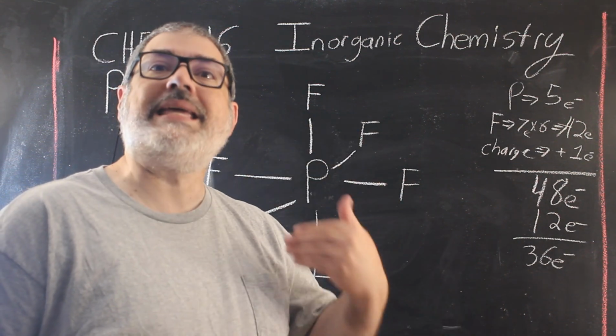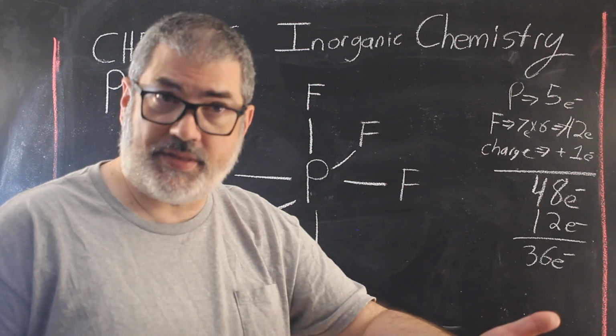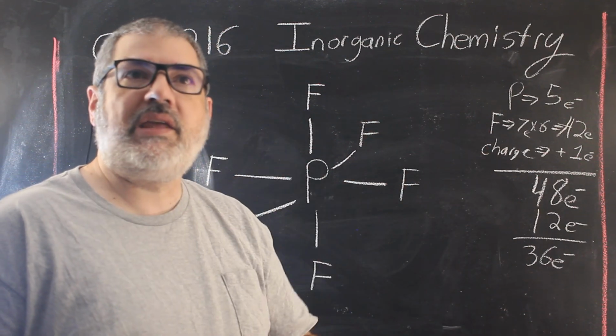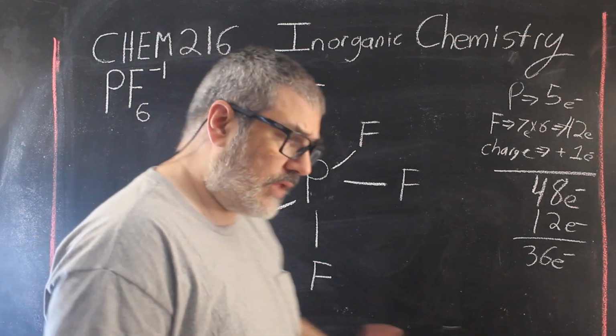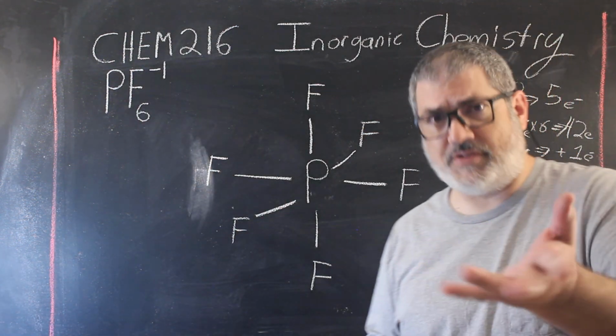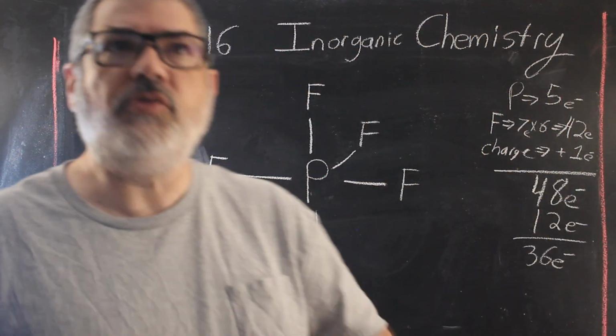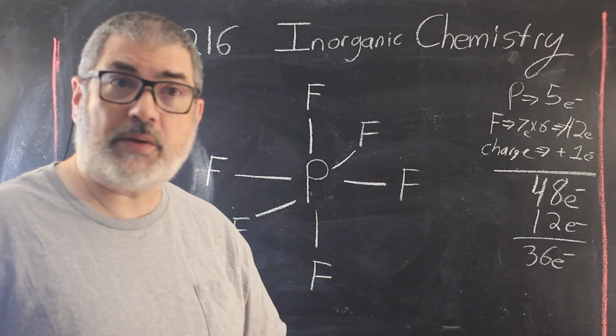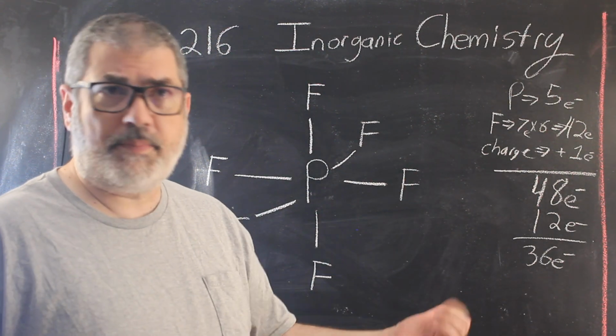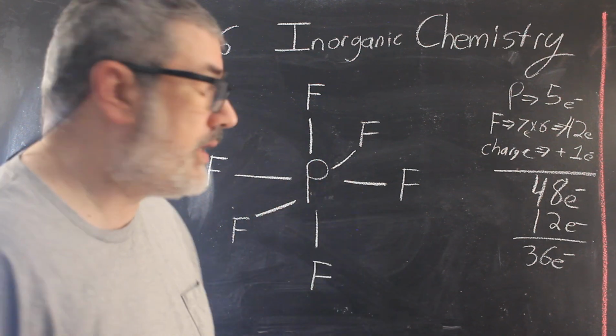And the reason why is they have d orbitals. There are some other special cases, specifically with hydrogen, where you see some bonding that you don't expect, and it has nothing to do with p orbitals or d orbitals. But we'll get to that.